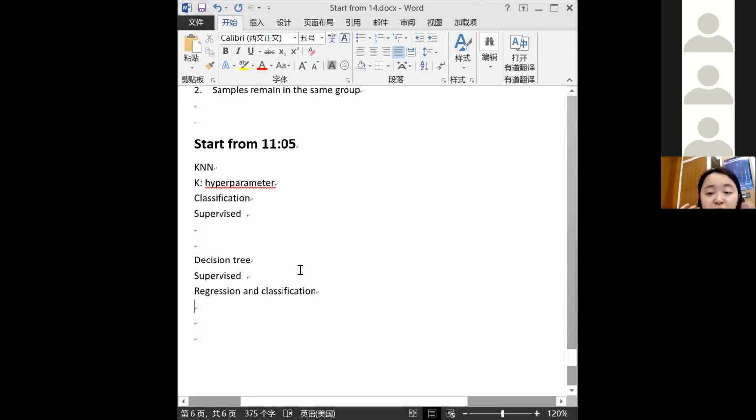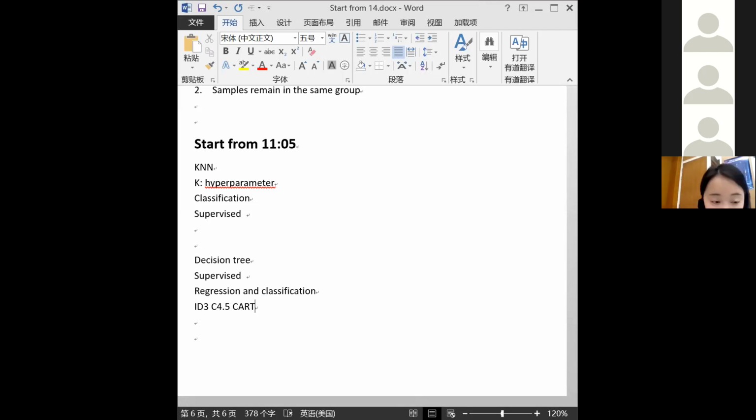And there are a lot of different decision trees like ID3, C4.5, or maybe CART, and a lot of other decision trees.